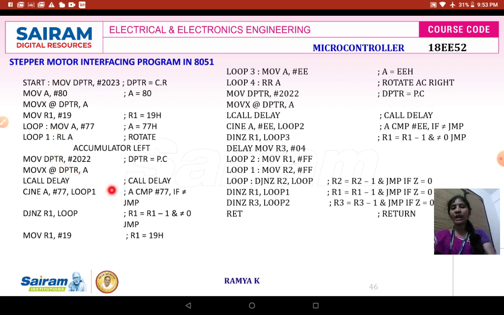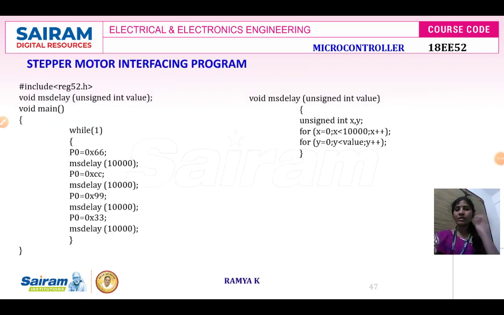If I want to have a stepper motor for clockwise rotation, I have to give rotate right accumulator. Only if you change this particular instruction, it is possible for us to have a clockwise rotation.